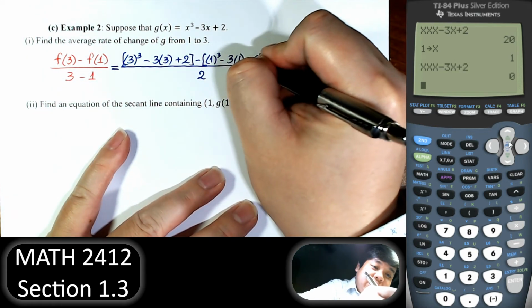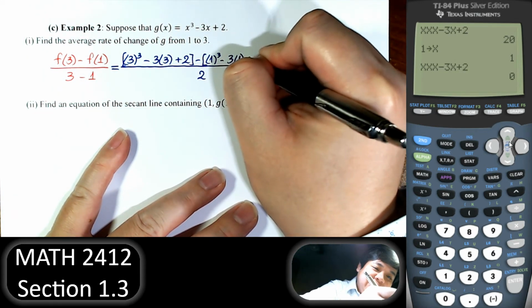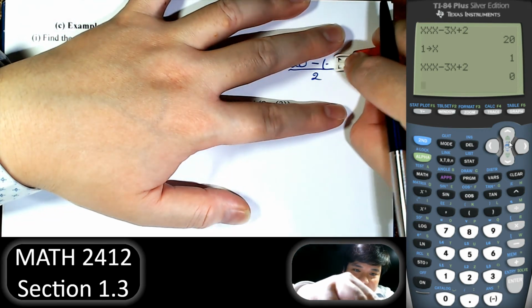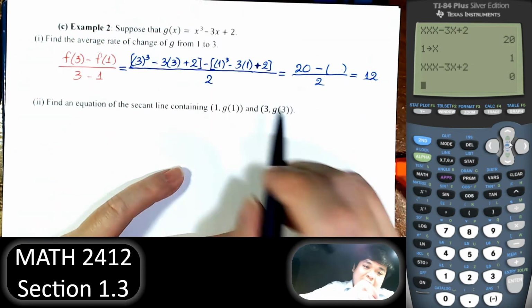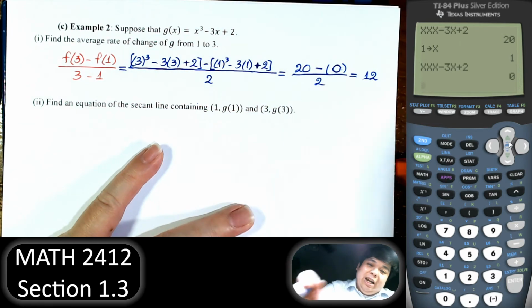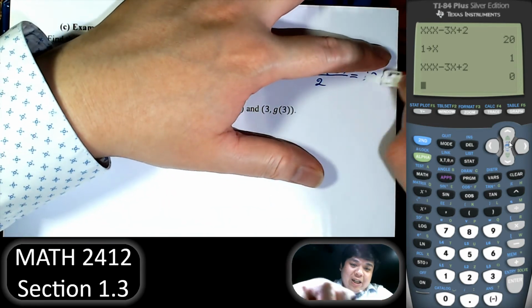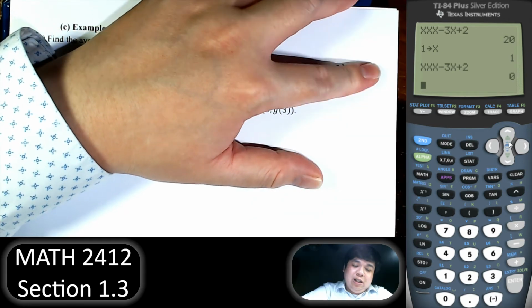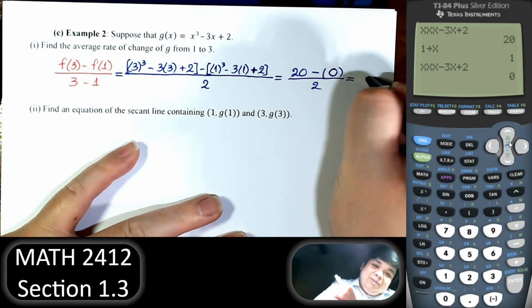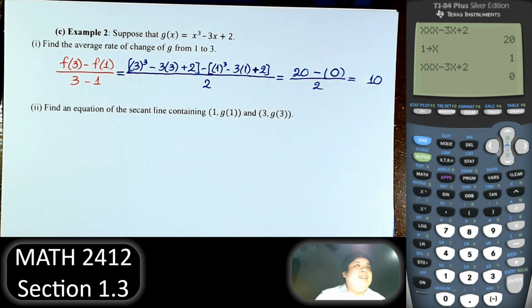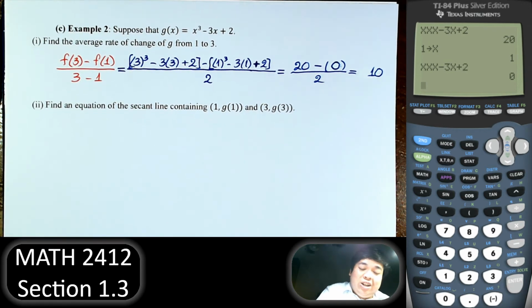Good thing we check, right? That's a plus, so this will be 0. Yeah, 1 plus 2 minus 3, so that is 0. And 20 divided by 2 is going to be 10. Yeah, good thing we check. So 20 minus 0 divided by 2, so 20 divided by 2 is 10.